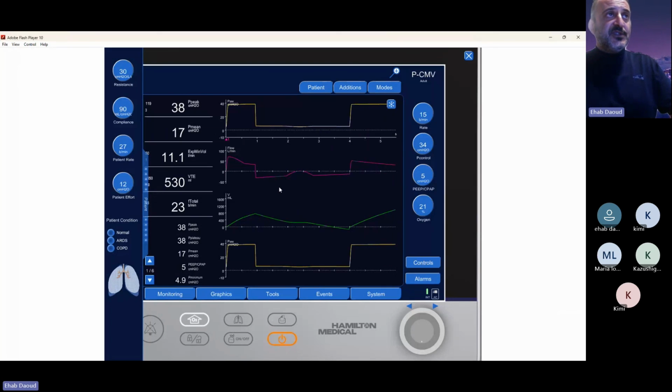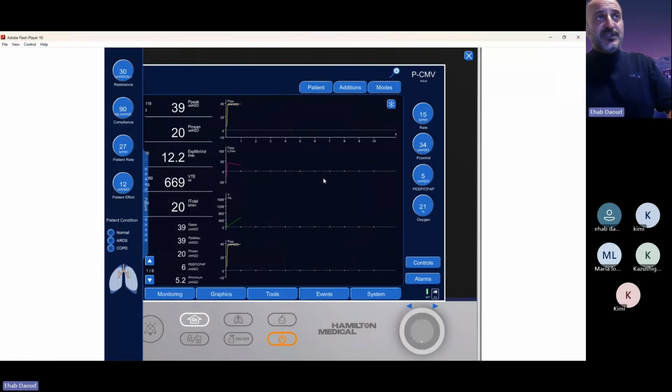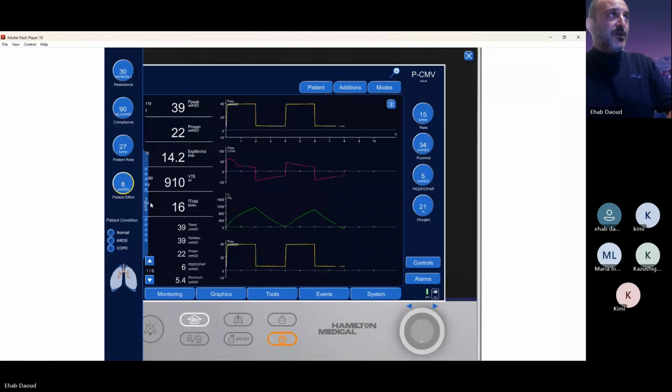Now with this patient, if you look here at exhalation, you can see here, that's a patient effort. This is a delayed one, and you will see later another one that is totally missed, especially if his effort is not that much.